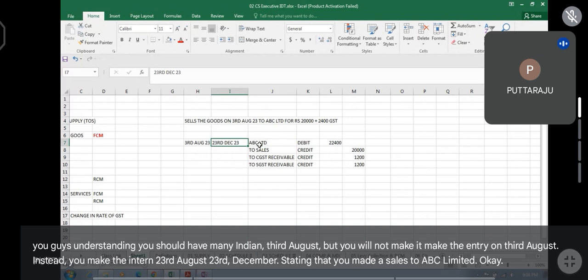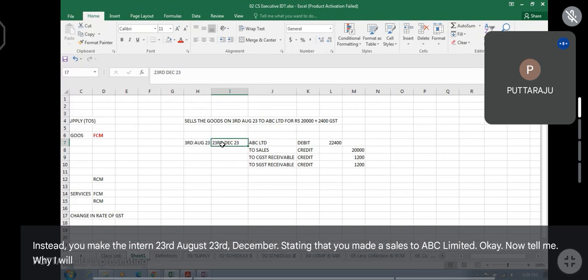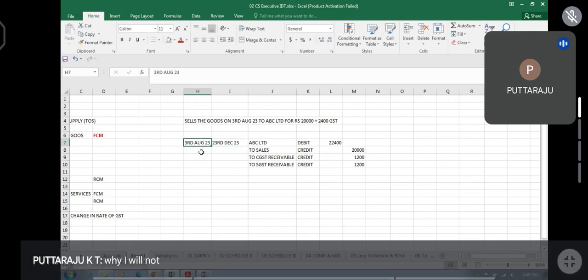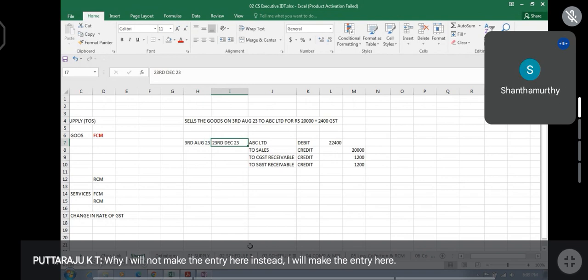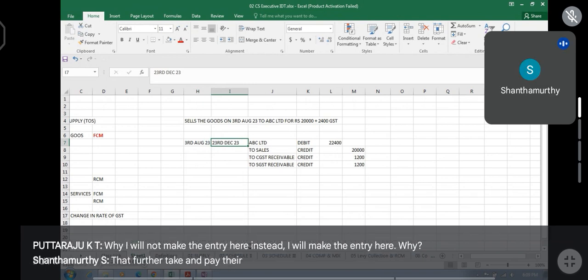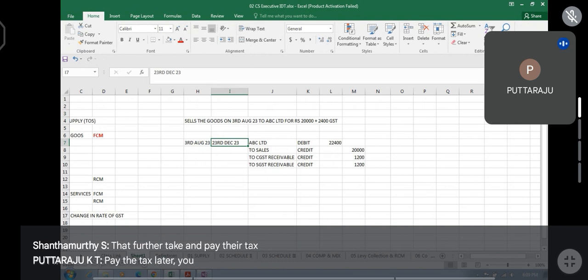Now tell me, why will I postpone the entry here? What is the intention? Instead, I will make the entry here. Why? So that I can pay the tax later. You can defer the tax.